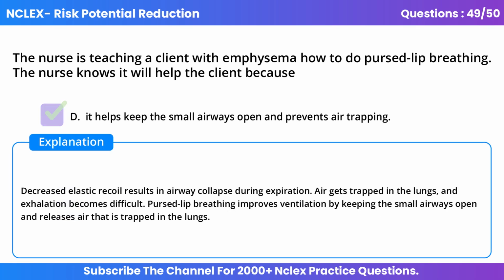Decreased elastic recoil results in airway collapse during expiration. Air gets trapped in the lungs, and exhalation becomes difficult. Pursed lip breathing improves ventilation by keeping the small airways open and releases air that is trapped in the lungs.